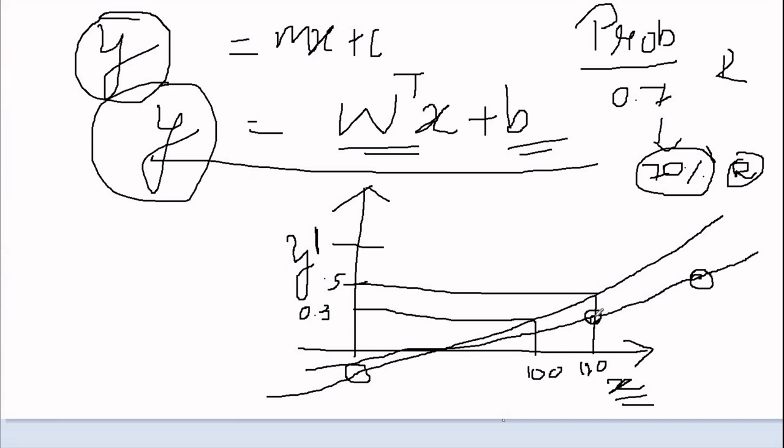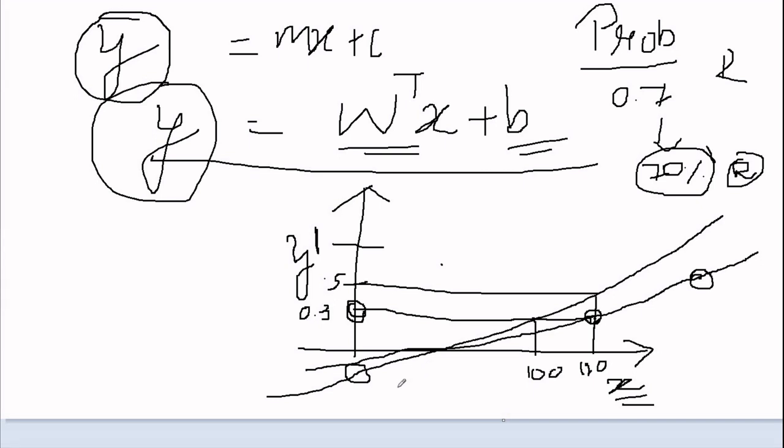Earlier our best fit line was predicting this as diabetic, correct? And now this best fit line is predicting 0.3 probability. That means the line is predicting that the person does not have diabetes. So this is a misclassification, right?